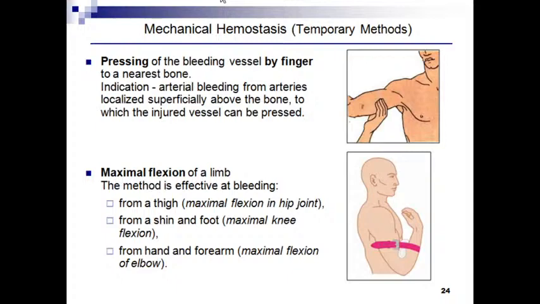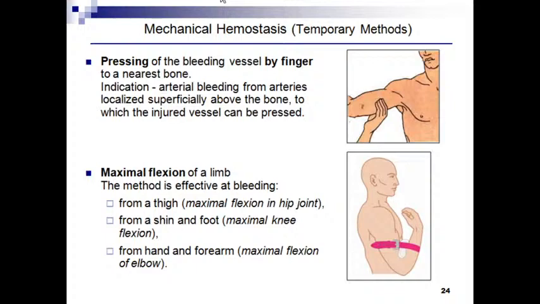Mechanical temporal hemostasis, other methods. Pressing of the bleeding vessel by finger to the nearest bone. The method is very simple. Indication for the method is arterial bleeding from arteries localized superficially above the bone, to which the injured vessel can be pressed by finger.